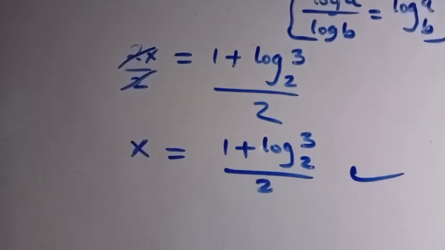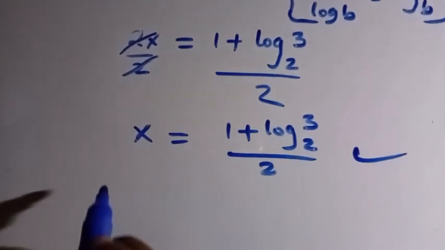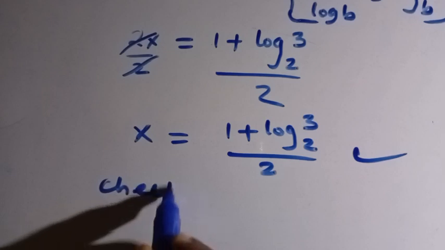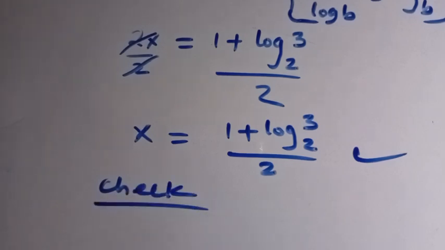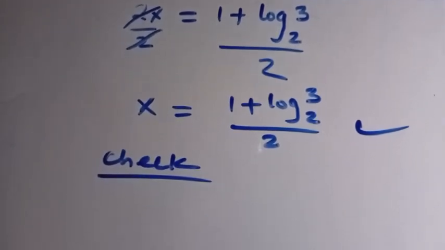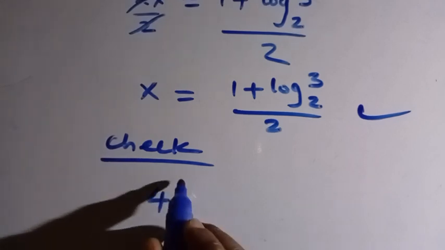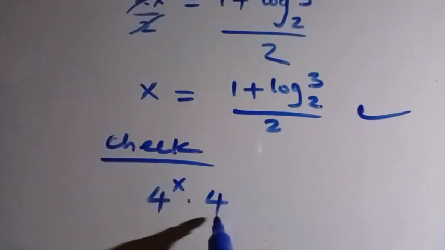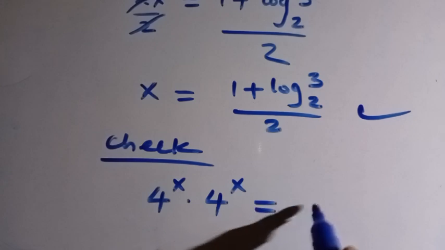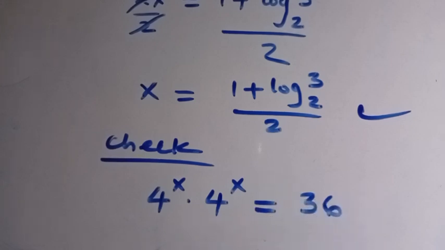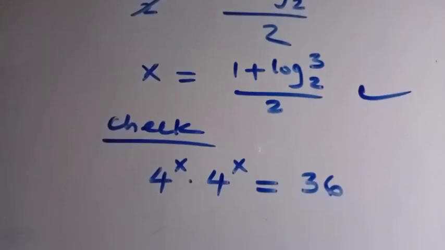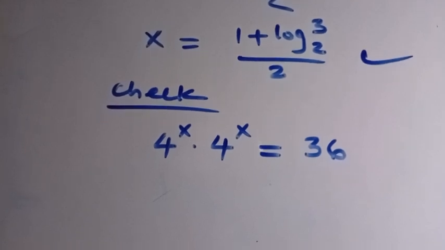So let's try and verify. We want to check if the answer we got satisfies the given problem. So here we are going to have 4 power x multiplied by 4 power x equals 36. I will substitute this in the left hand side.